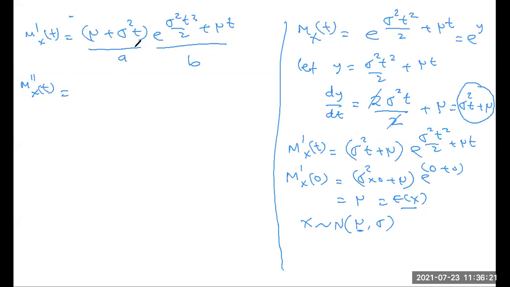Sigma squared, because when you differentiate, mu is a constant, so you get 0. Then we leave b as it is: exponent of sigma squared t squared over 2 plus mu t. Plus, we leave a the way it is, that's mu plus sigma squared t. Then we differentiate b.